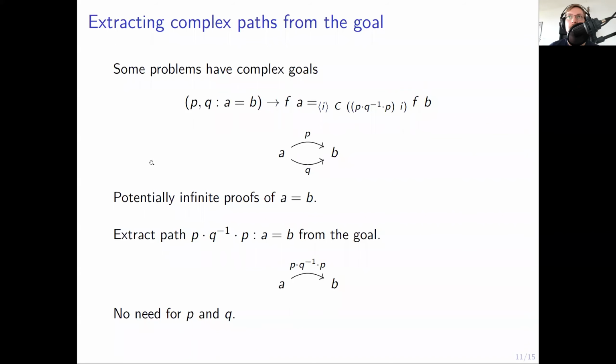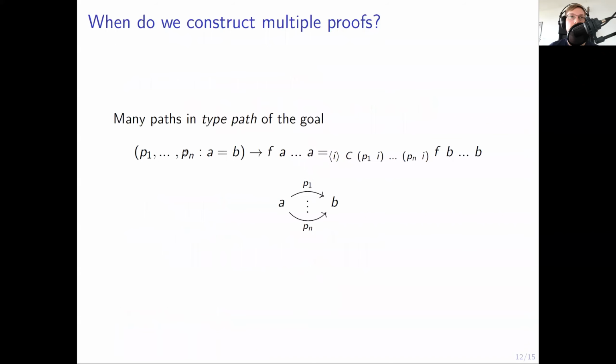And that brings me to the worst cases, which are when there's a lot of paths in this type path, and all of them are distinct. Then we are forced to have them all in our equivalence graph. And when we construct the proofs, we are forced to construct every possible combination.